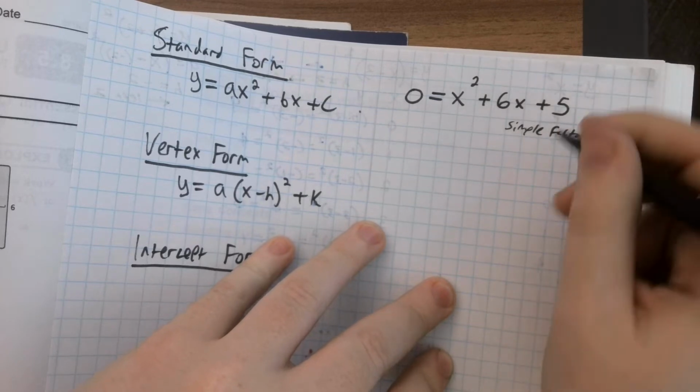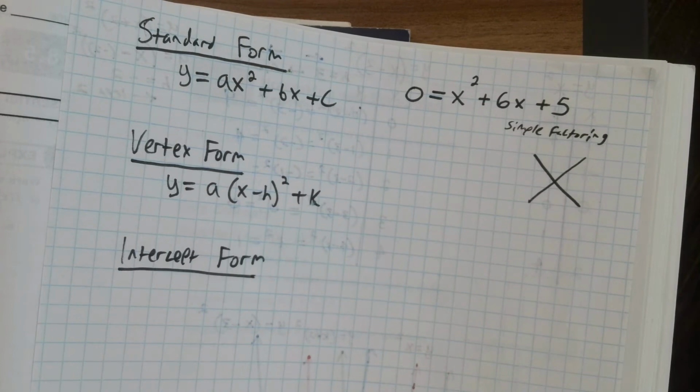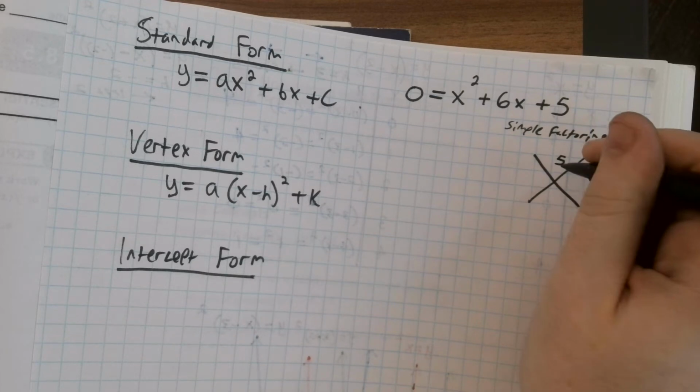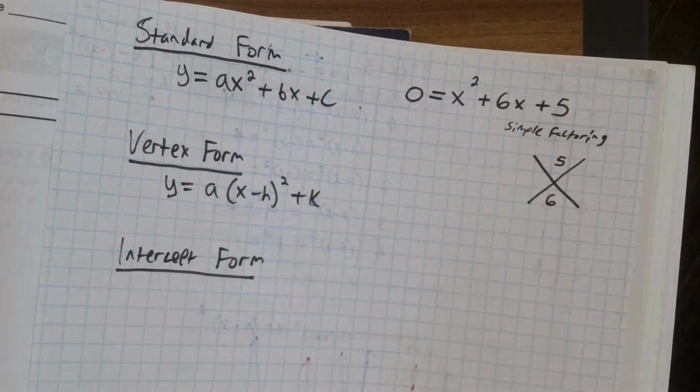And the simple factoring method just involved us setting up a combinator and solving. And when we solved it, our 2 answers were just our 2 factors. Let me show you what I mean. We would set it up where we would have our 5 up on top, because that's what we're multiplying to make, and our 6 down below.